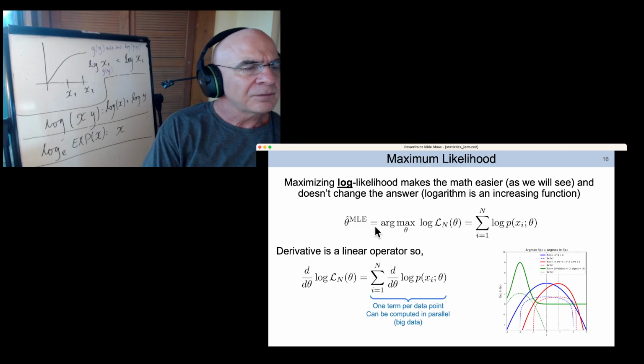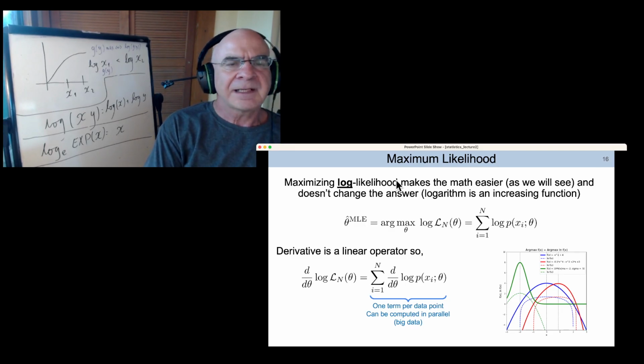At the moment, what am I trying to tell? That instead of maximizing the likelihood, let's maximize the log likelihood, and in many cases that would be simpler than just maximizing the likelihood itself.